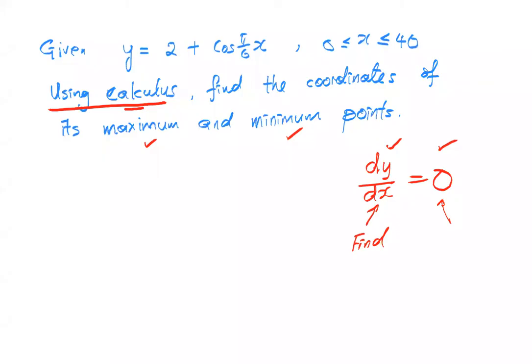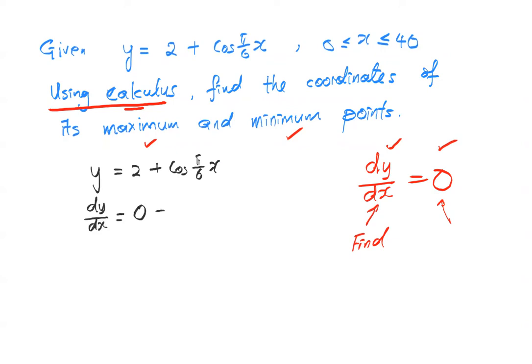The question said by calculus, so everyone will get 2 marks, but after your 2 marks, then you are stuck. So I have my y equal to 2 plus cos pi by 6x. My dy/dx: you differentiate 2, you get 0.